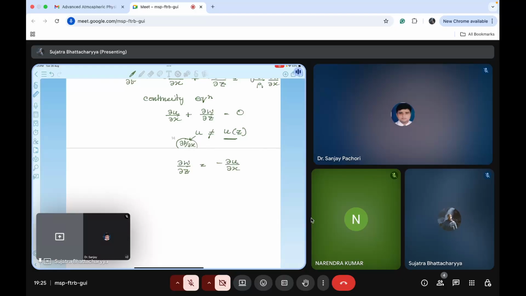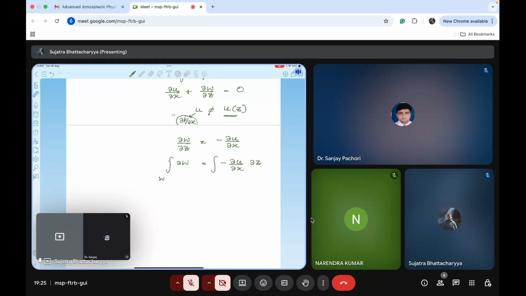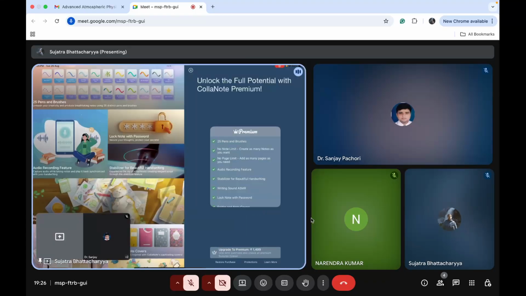If I have this, then what will happen? I can integrate this this way because u is not a function of z. So w at h minus w at 0 is equal to minus delta u delta x, and there's nothing to do with z, so it can come out, times h.